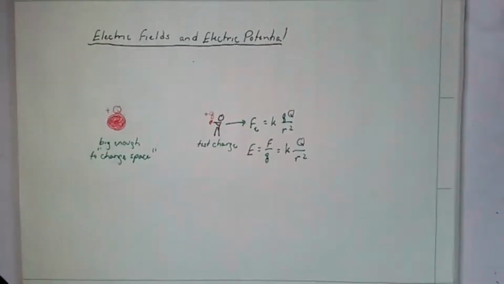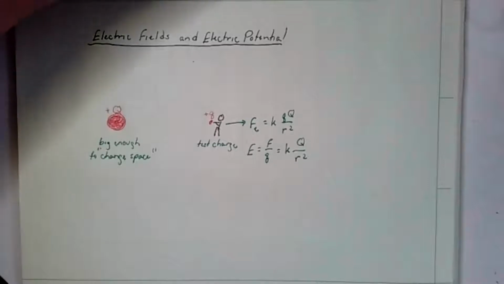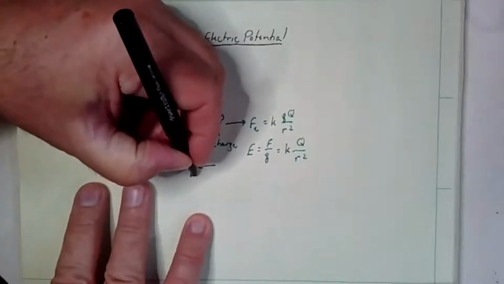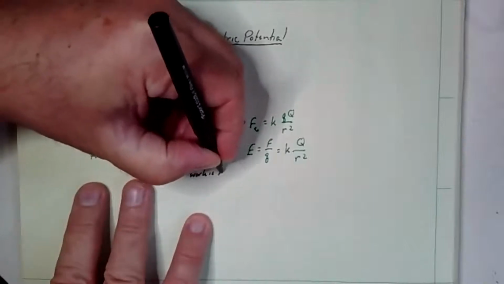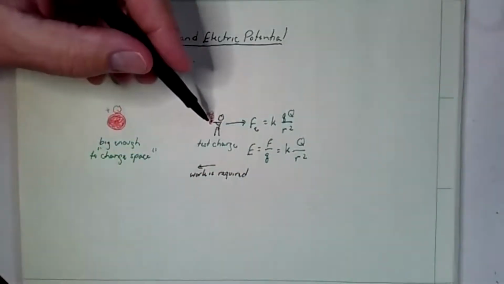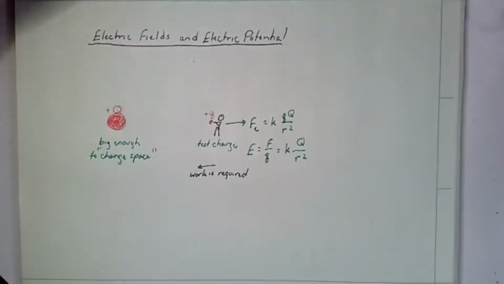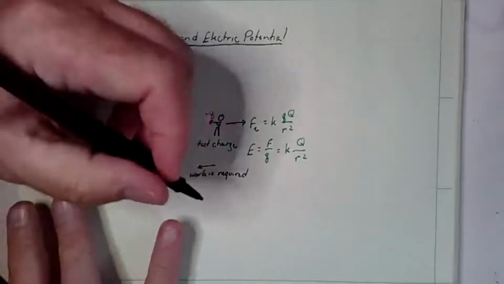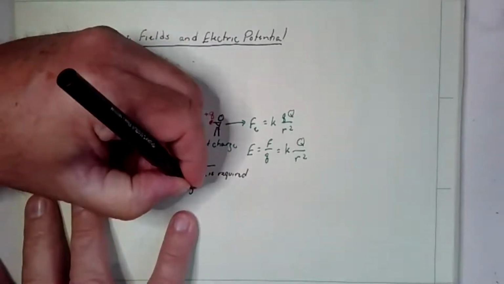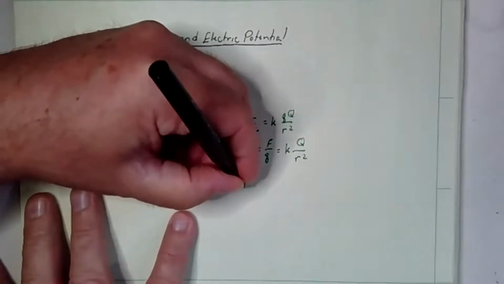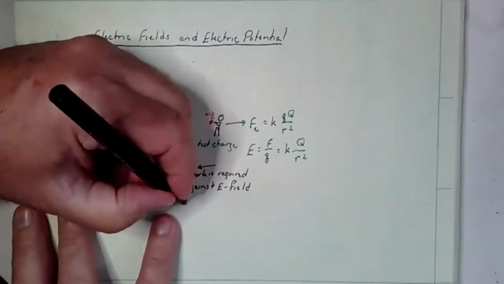Now, as I try and carry this charge nearby, as I walk, I have to do work. Work is required. But if I let go of this positive charge, the repulsive force is going to push it away, and off it goes. So when we do work against the electric field, then we add potential energy.